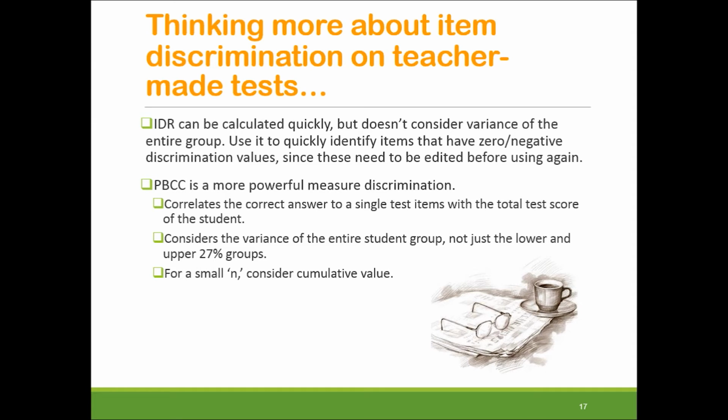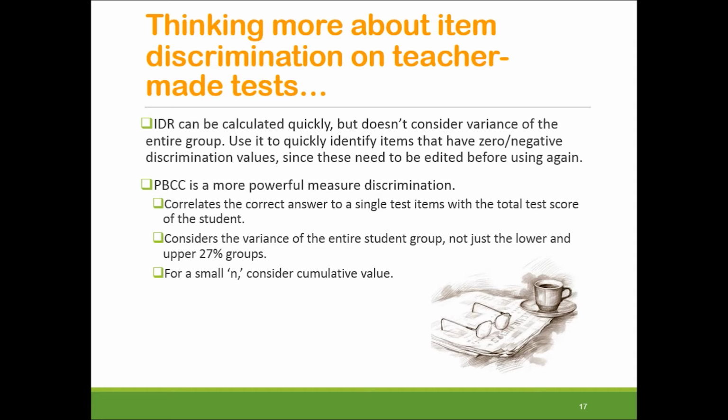Point biserial correlation coefficient is the more powerful measure of discrimination, and it does consider the variance across the entire group, not just your upper 27% and lower 27%. When you have a small number of students taking the test, this is going to be a tough situation, because you're not necessarily going to see the statistics play out as effectively with the small n, or small number in the group.